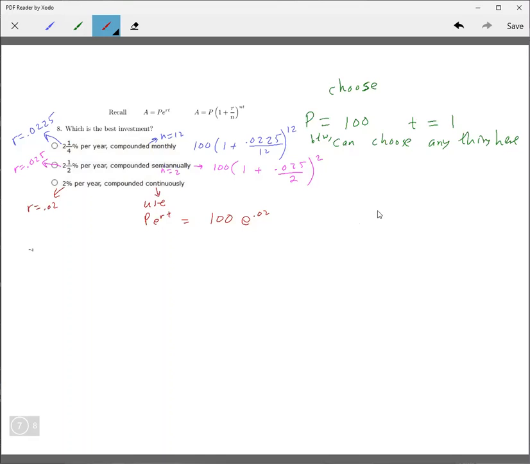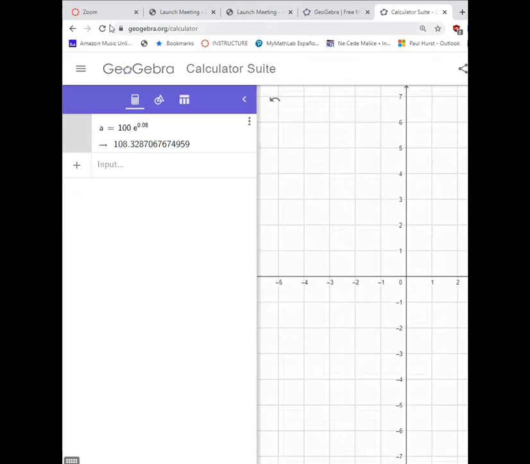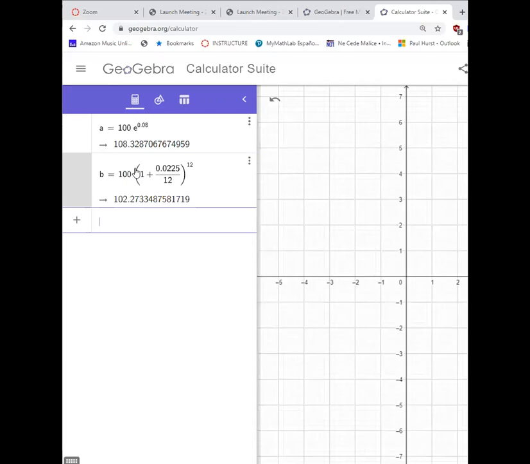And I'm going to use GeoGebra to figure these out because there's just 3 of these values. Okay, so the first one was 100 times 1 plus 0.0225 over 12, and that's all raised to the 12th power.